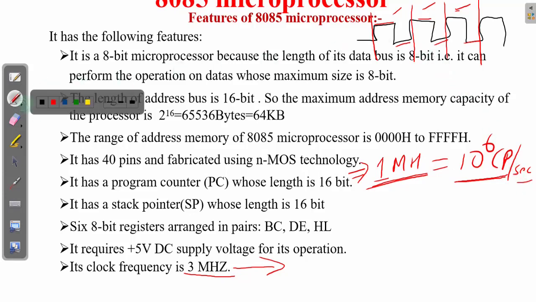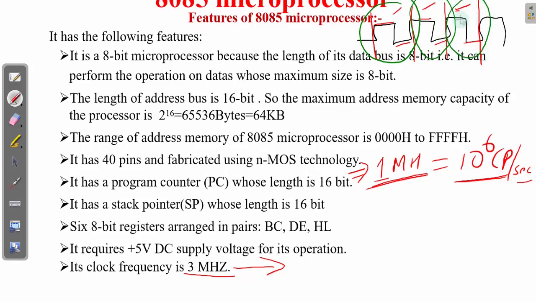I have already shown you: this is your clock pulse. 1 clock pulse, 2nd clock pulse, 3rd clock pulse, each with 1 high and 1 low. If I draw here, this is 1 clock pulse, and from here till here is the 2nd clock pulse.